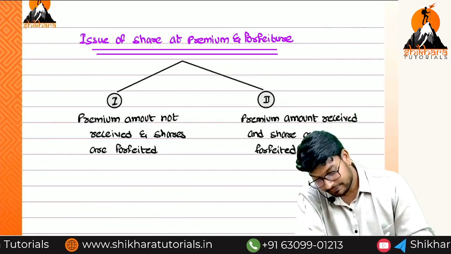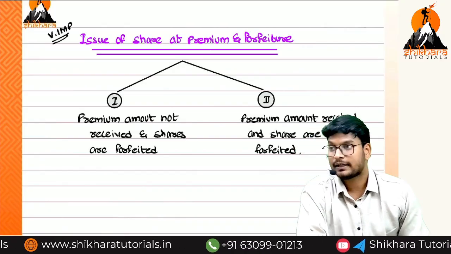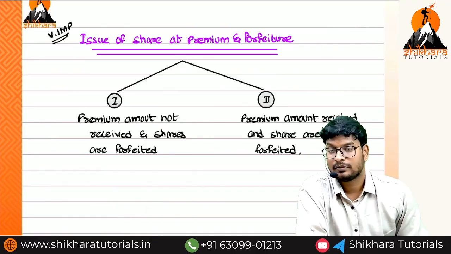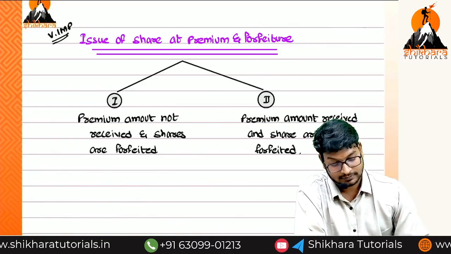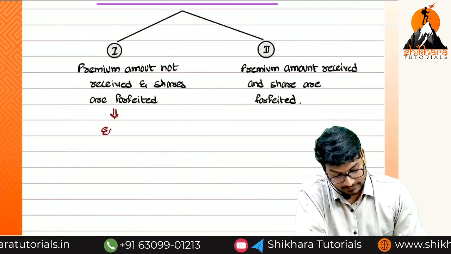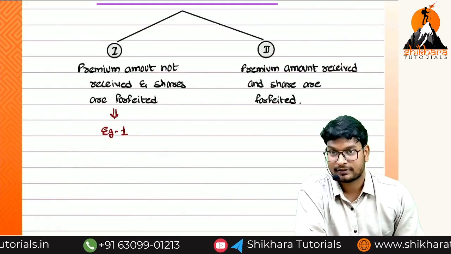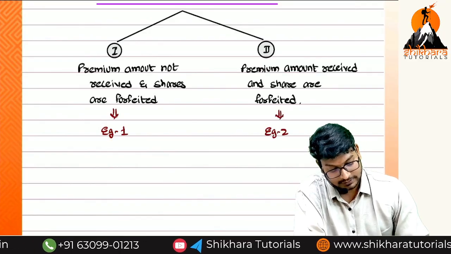So this is a very important situation. Many students will get the doubt at this point of time only. So again, how many examples we need to discuss? Two examples. Example number one is case one, and example number two is case two.